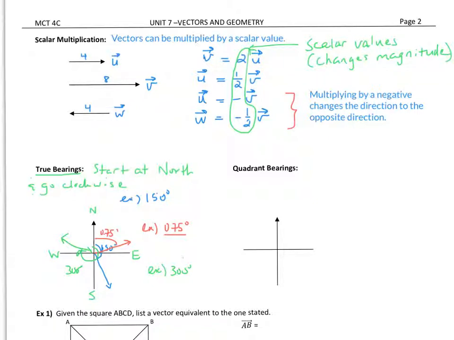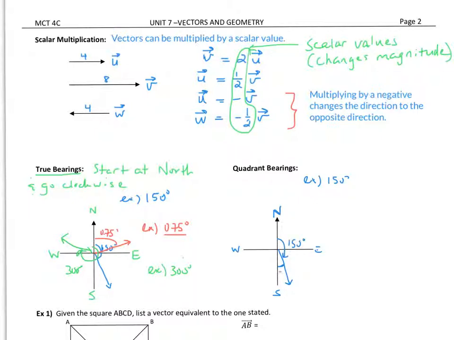All right, quadrant bearings. What we're talking about are, again, our compass rose, north, east, south, west, but we do it in terms of the north, south, east, and west values. So for example, if I had 150 degrees, 150 degrees is really 30 degrees off of south. It's not truly a related acute angle, but here's my 150 degrees.